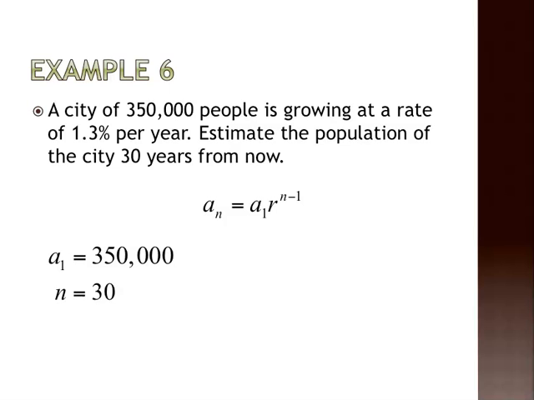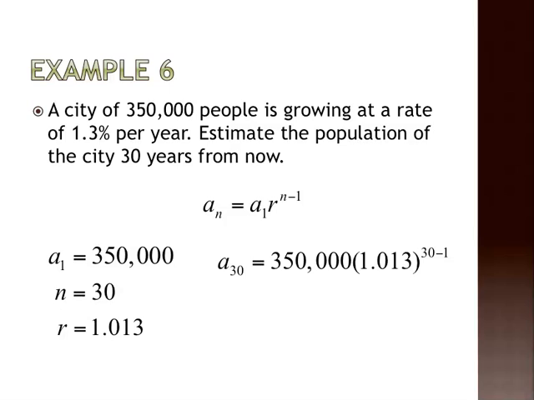So we need to multiply by 1 plus 0.013, right? That way we're taking into account the 350,000 that we already have, and then it grows by 0.013, so we add that on. So we're multiplying by 1.013, and now we can plug that into the formula.